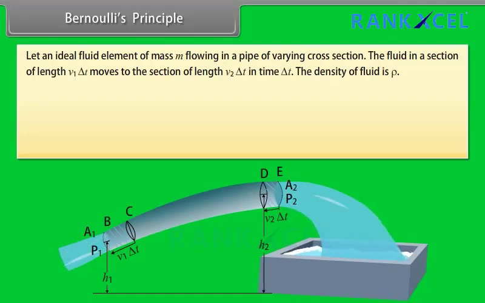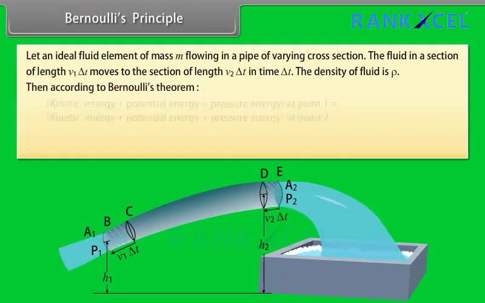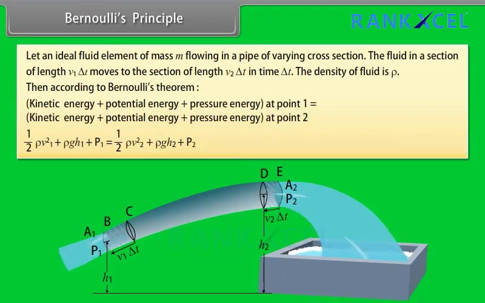The fluid in a section of length v1 delta t moves to the section of length v2 delta t in time delta t. The density of fluid is ρ. Then, according to Bernoulli's theorem, sum of kinetic energy, potential energy and pressure energy at point 1 is equal to sum of kinetic energy, potential energy and pressure energy at point 2.